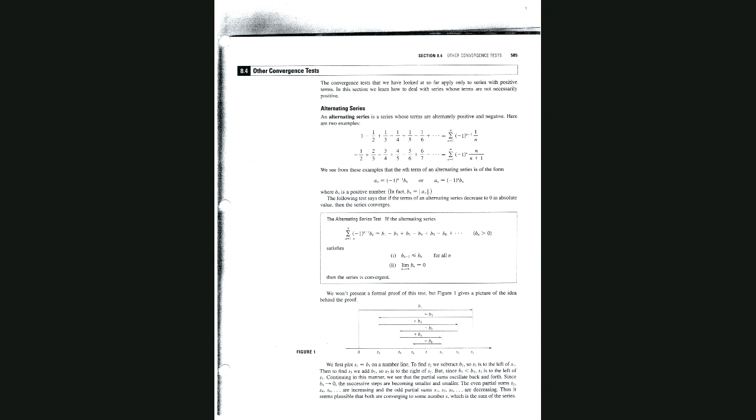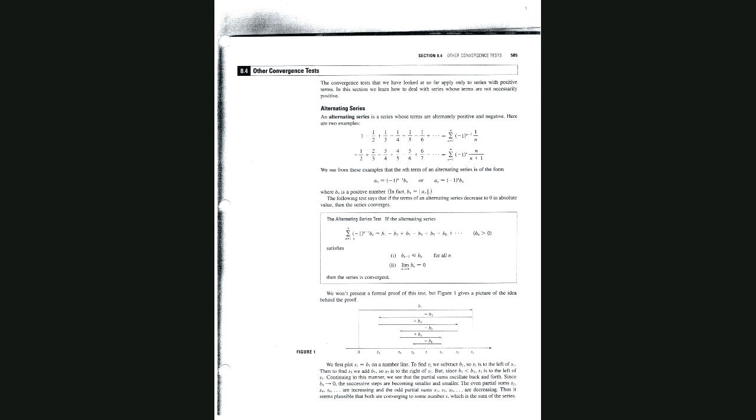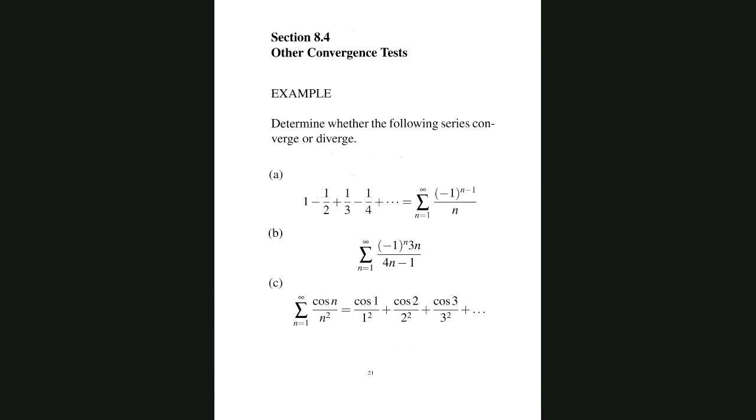So in the solution, if I go back here, okay, what I've done is I've written the formula for this series, and the -1 to the n minus first power is just there so that you can get the plus minus behavior, and you're multiplying that by 1 over n.